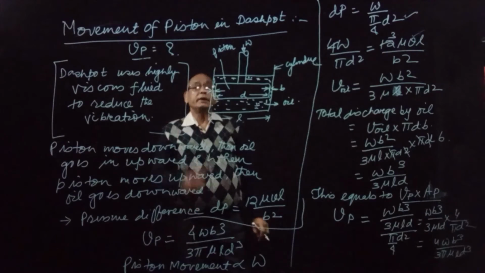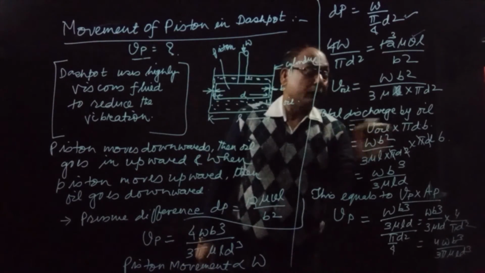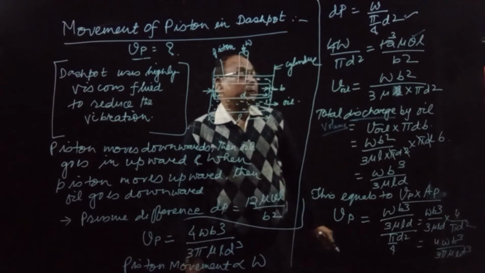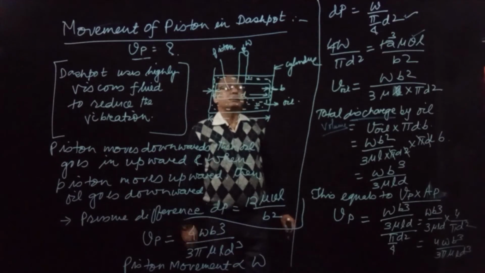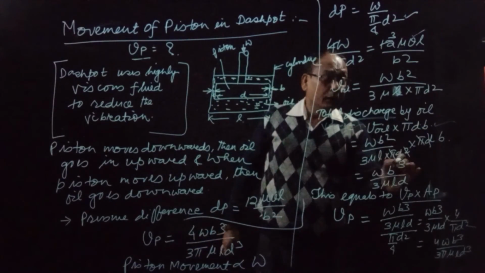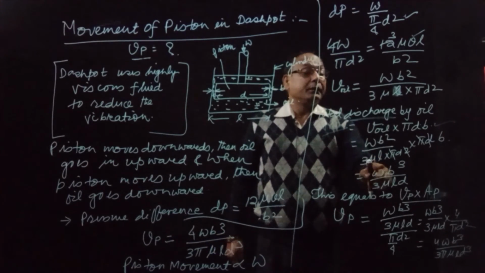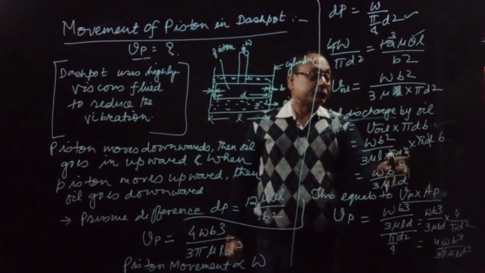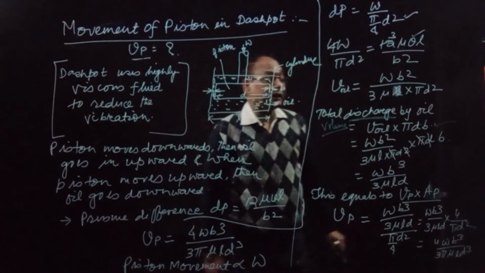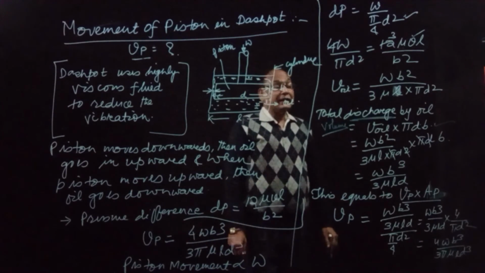Now we have to find out the total discharge, or total volume, of the oil. The volume will be equal to the velocity of the oil into the area, where the area is the surface area pi d B. Putting in this value, V of oil is W B square by 3 mu L into pi d square into pi d B. So pi will get cancelled and d and d will get cancelled, and here we will have W B cube by 3 mu L d.